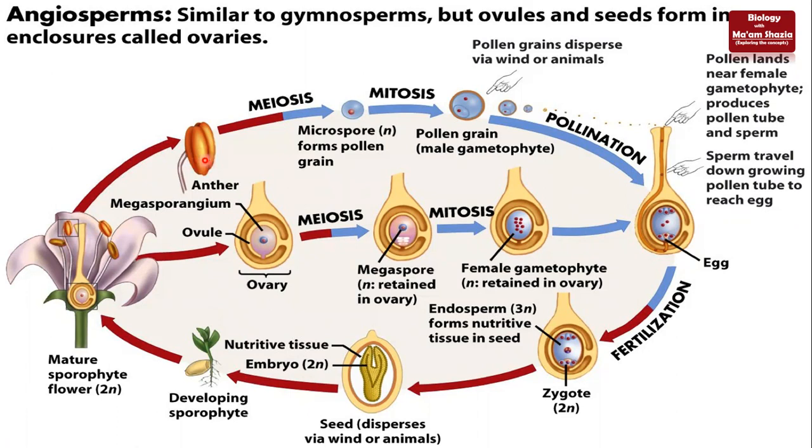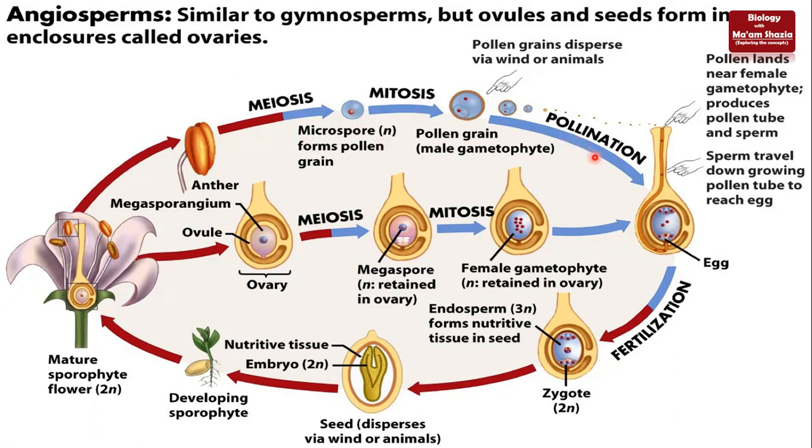We will discuss it after a few minutes. The anther goes through meiosis and produces microspores, right? Inside the anther, microspores are produced, and then through mitosis they develop into the male gametophyte generation.